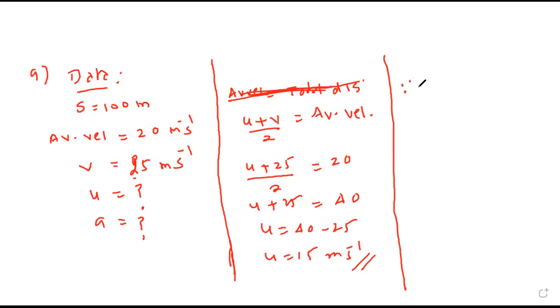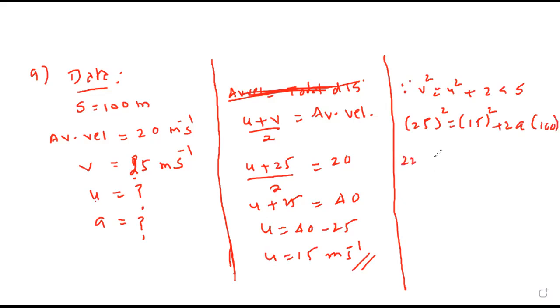Yes, sir. Now V square is U square plus 2AS, because V is given, U calculated, S is given. Now V square means 25 square, U square is 15 square, 2 into A we want, S is 100.